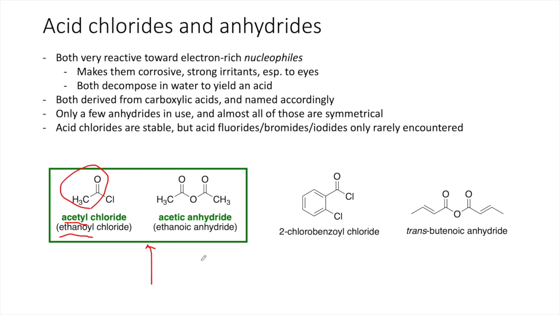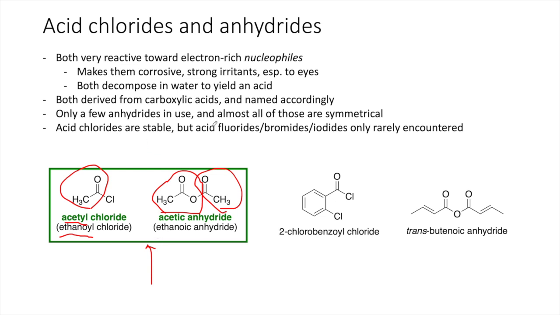The other one is acetic anhydride. Again, anhydrides come from acetic acid. You can picture one equivalent of acetic acid mixing with another equivalent of acetic acid and losing water. So it's an acetic acid derivative, anhydride. If anhydride sounds like you're just taking away water, yeah, that's how it works. Also called ethanoic anhydride.